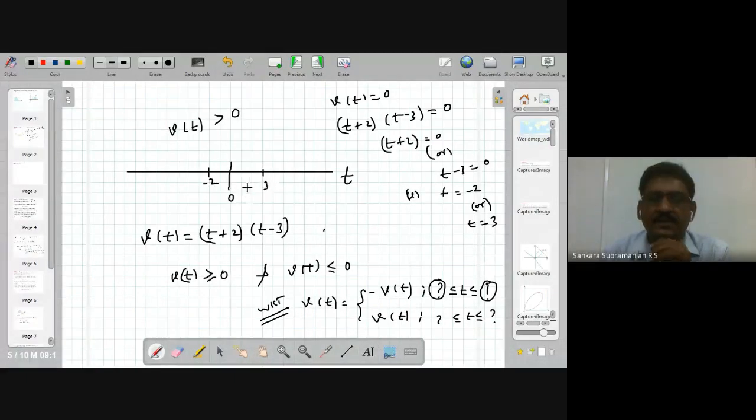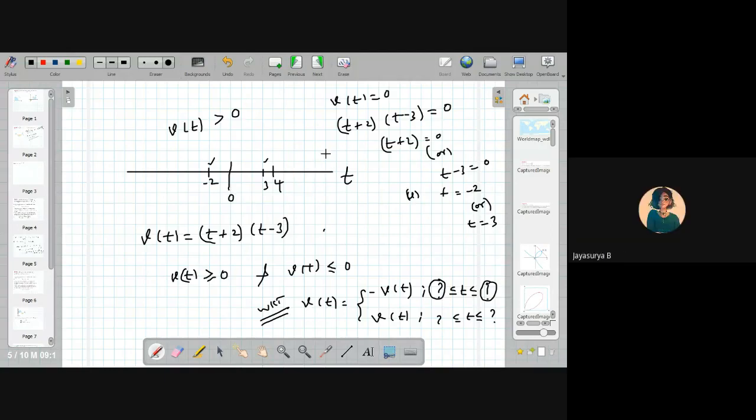At this point and at this point, the function V of t becomes 0, right? I don't need that. Where it is greater than 0, but the whole interval is this 4. It is defined only up to here. t is defined between 1 and 4. Yes, I am not concerned about 0.